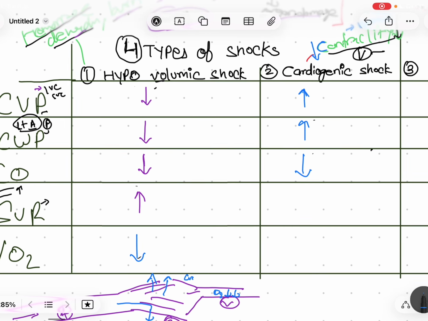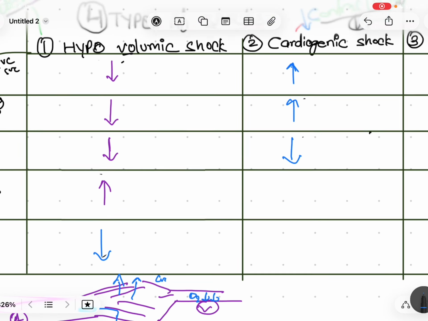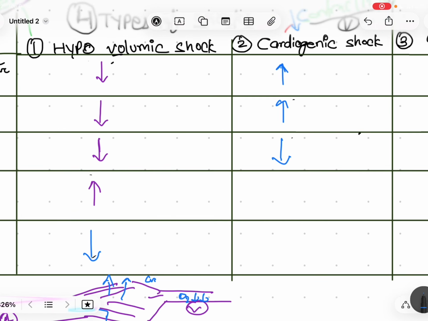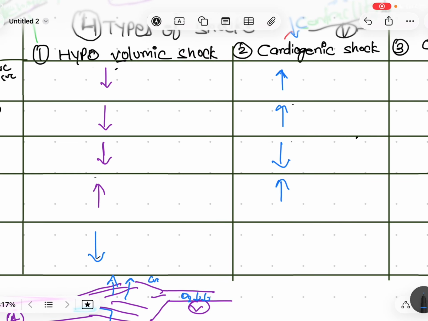If we look at resistance, systemic resistance, what will happen with it? It will increase. I'll show you why. It will increase because the cardiac output is low, so the blood is not present in abundant amount.